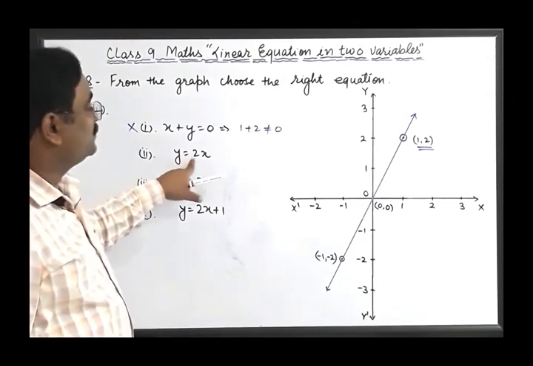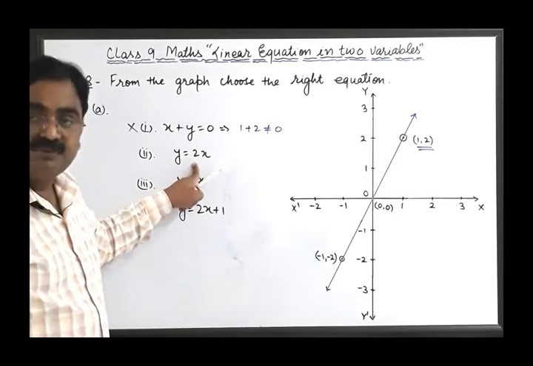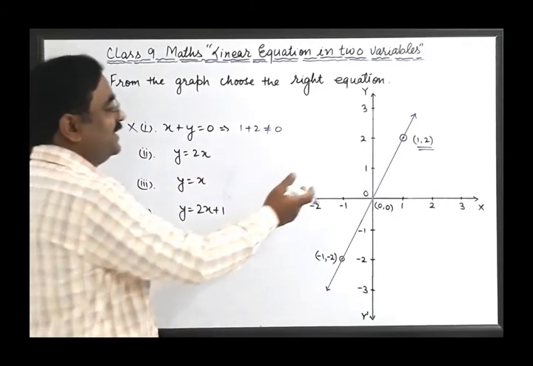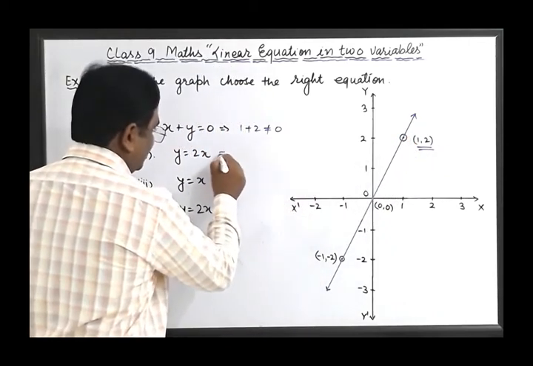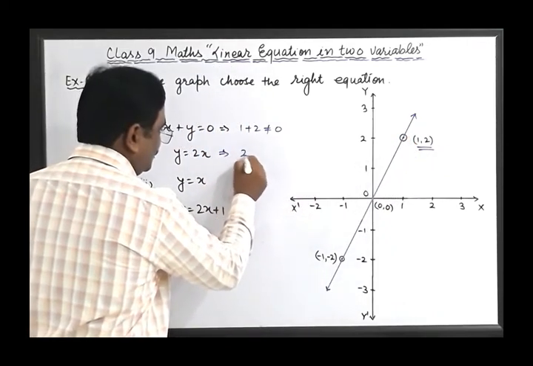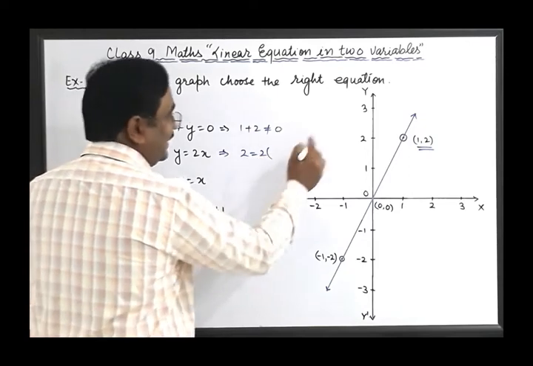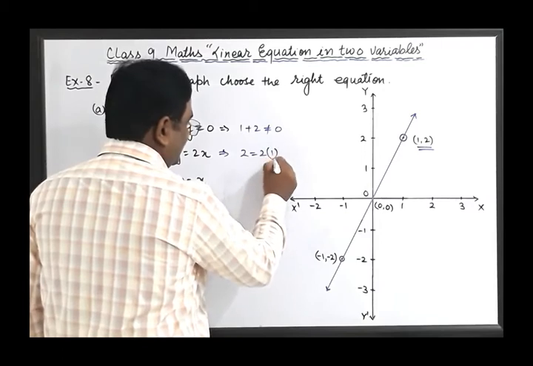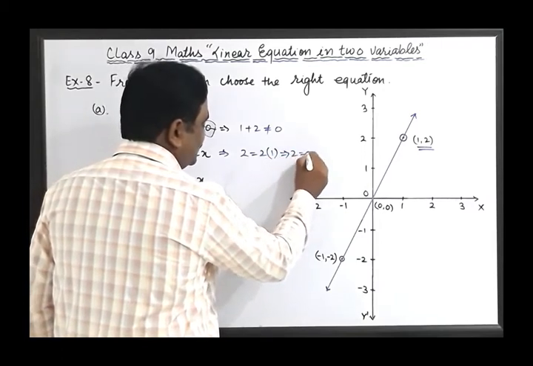y equals 2x. The second equation is given, y equals 2x. So y is 2, which equals 2 multiplied by x, and x is 1, which implies that 2 equals 2.